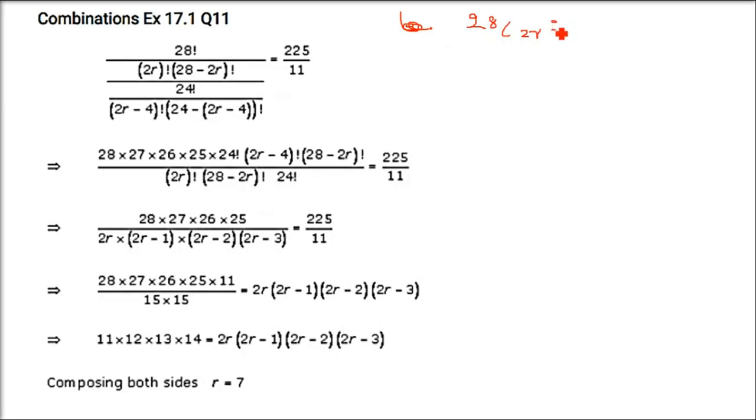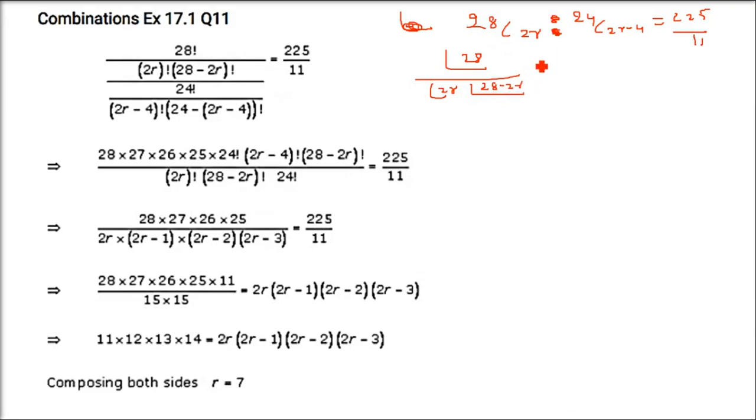It is 28C2r : 24C2r-4 is going to be equal to 225 by 11. Now this can be written as factorial 28 by factorial 2r factorial 28 minus 2r, right?